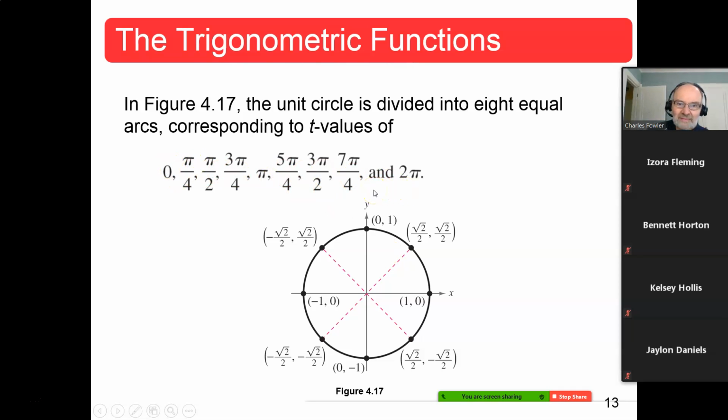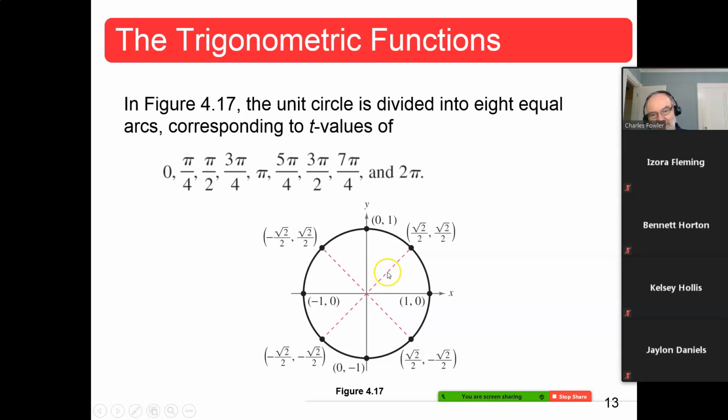Now, they give you the points at which they are. Later, they'll have you calculate this. Let's go on and calculate it now. Notice at pi fourths, you're exactly halfway between 0 and pi halves, right?